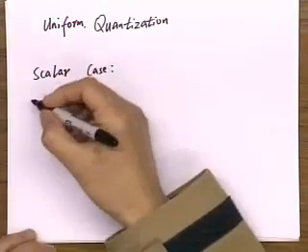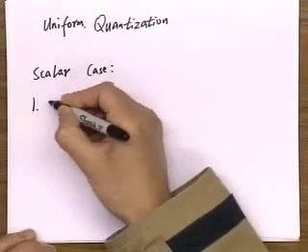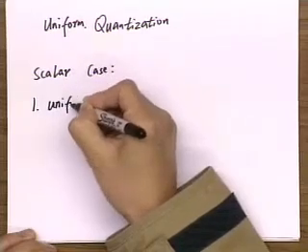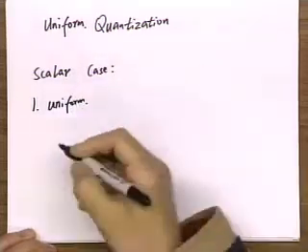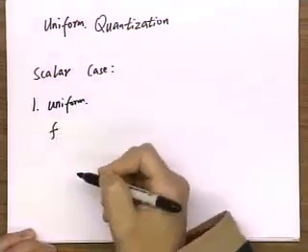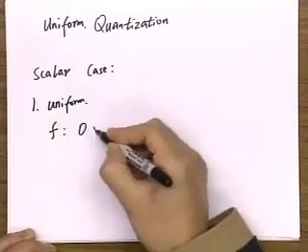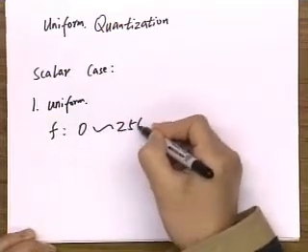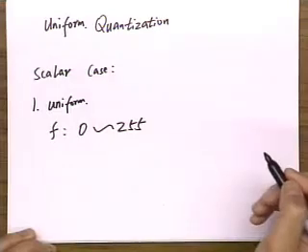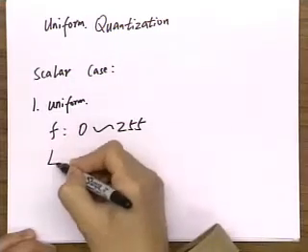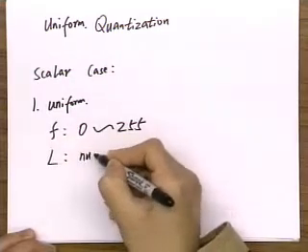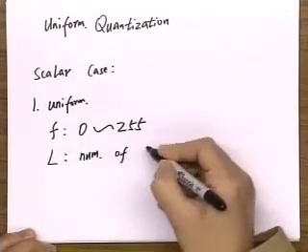The uniform case actually is very simple. We assume that F is the image intensity, from 0 to 255, and L is the number of reconstruction levels.